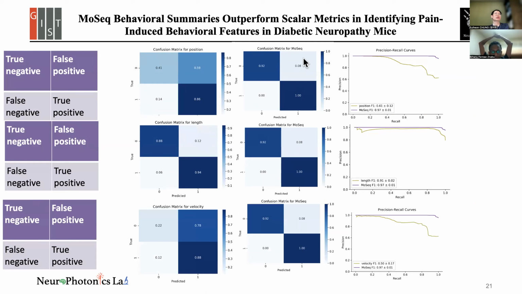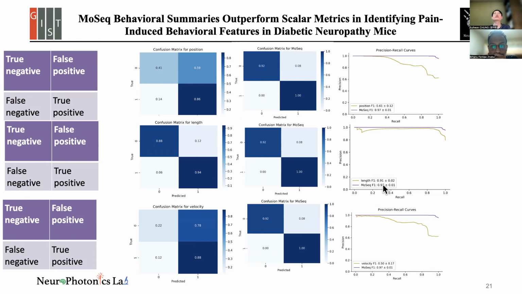You are talking position, MOSIC, length, MOSIC, velocity, position, length, velocity. I don't see height here, but anyway. What are the differences? This is okay, MOSIC. What's the difference between these? This one, it's the same. So this is the line you want, precision recall curves.